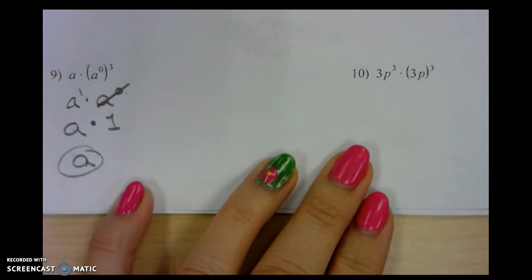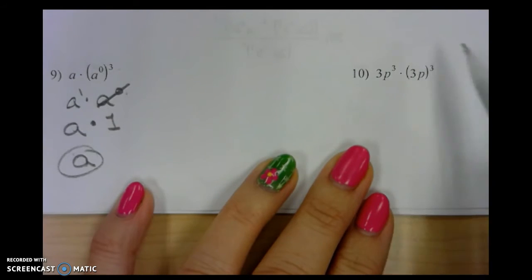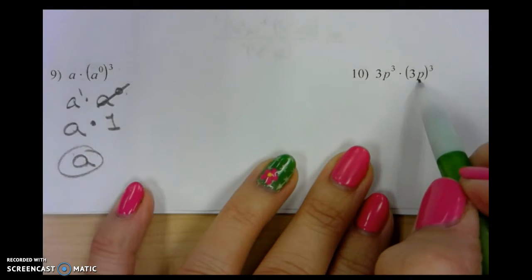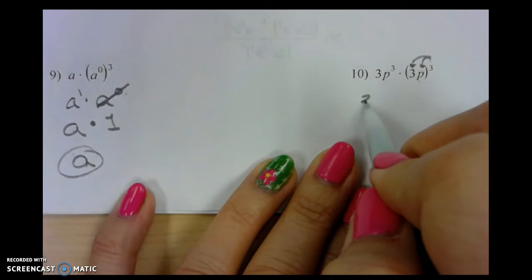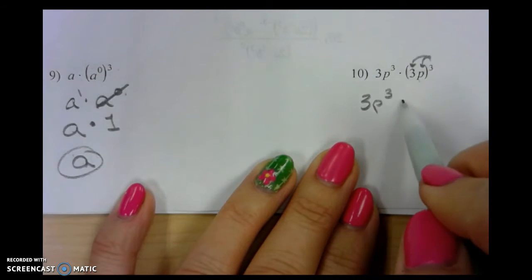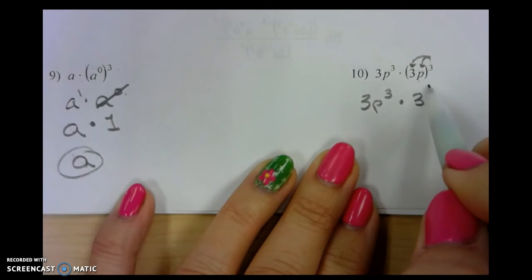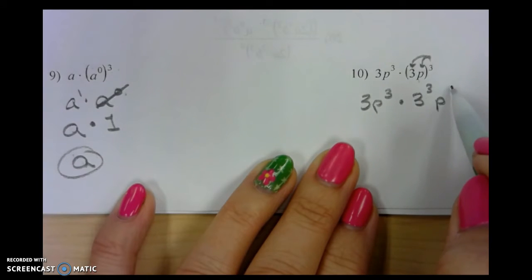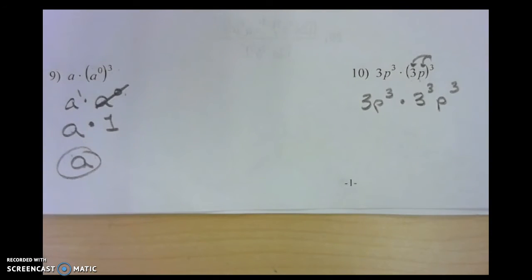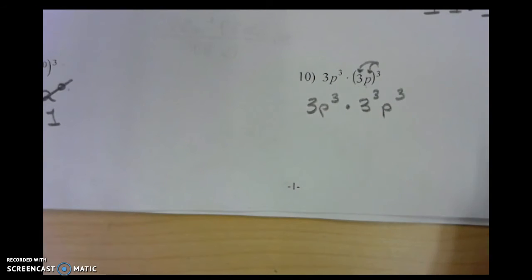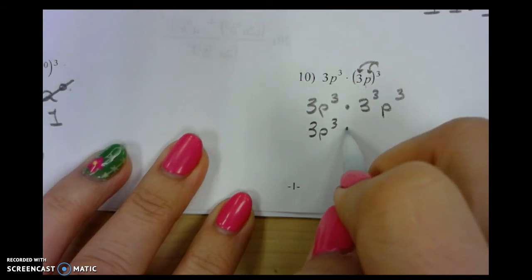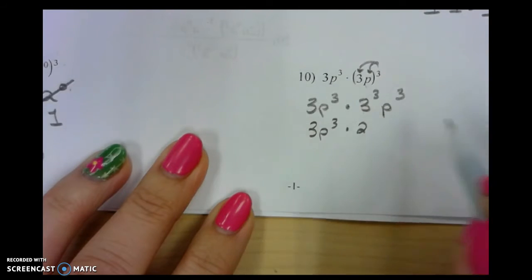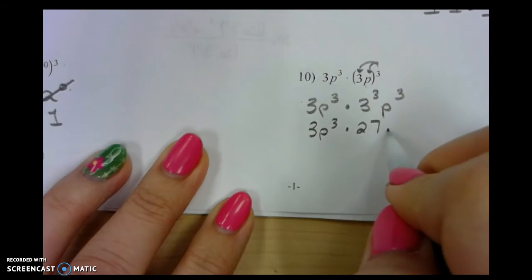On number 10, 3p to the third times 3p to the third. We've got a group. This is that product power rule. We're going to have to distribute this 3. 3p to the third is untouched, and then the 3 becomes cubed, and the p gets cubed as well. 3p to the third still untouched. 3 to the third is 3 times 3 times 3, which is 27.